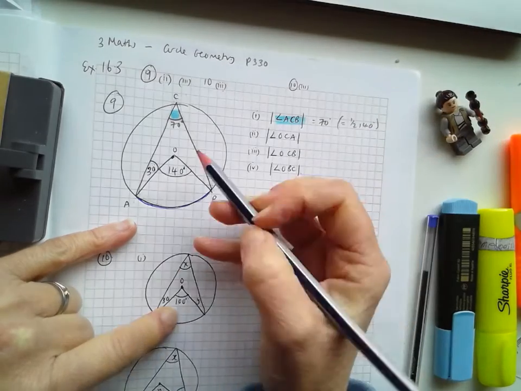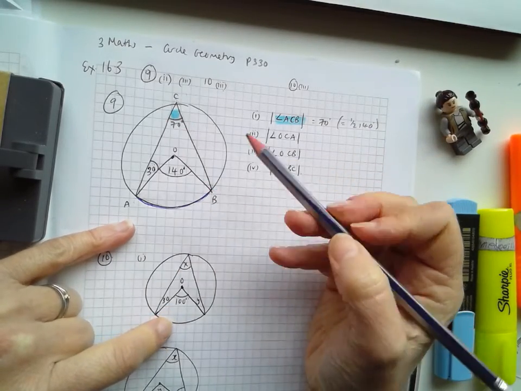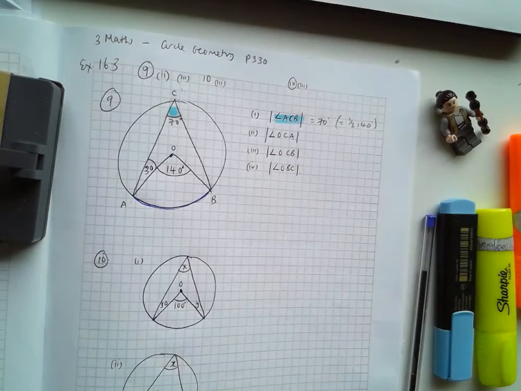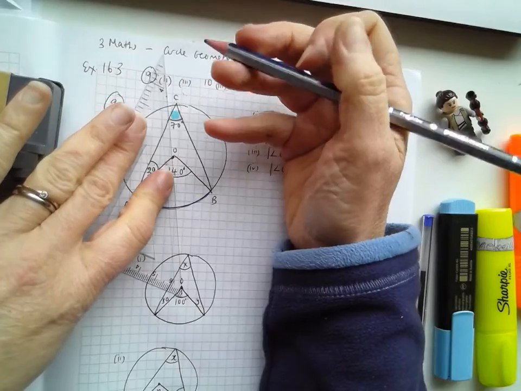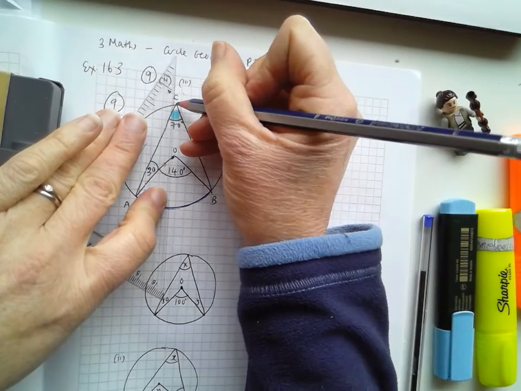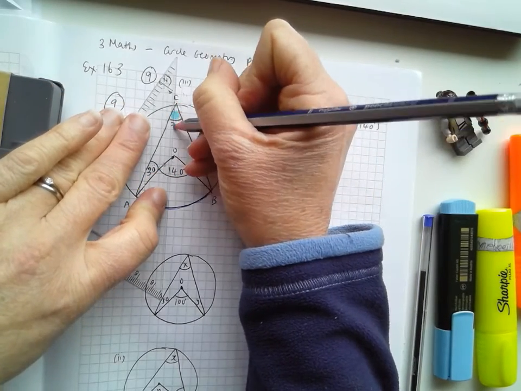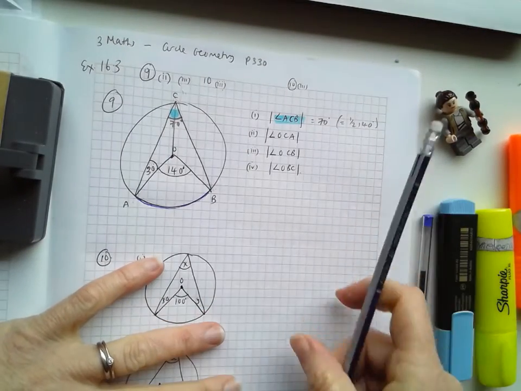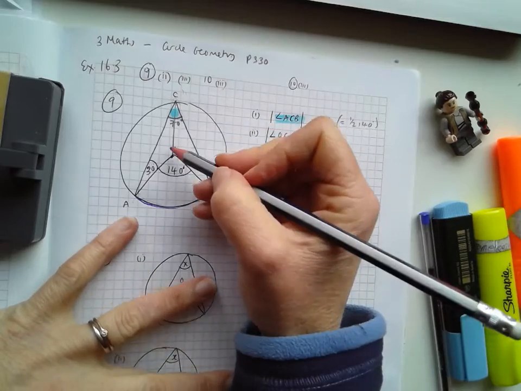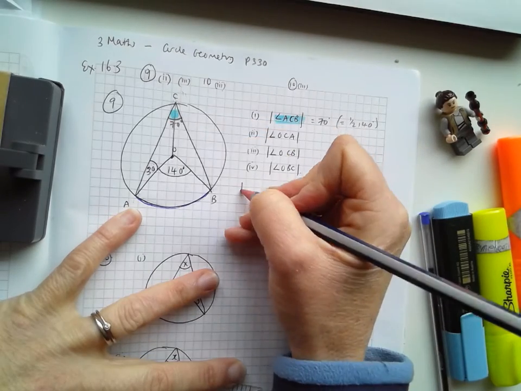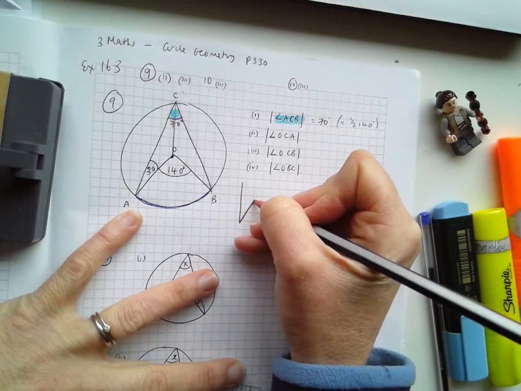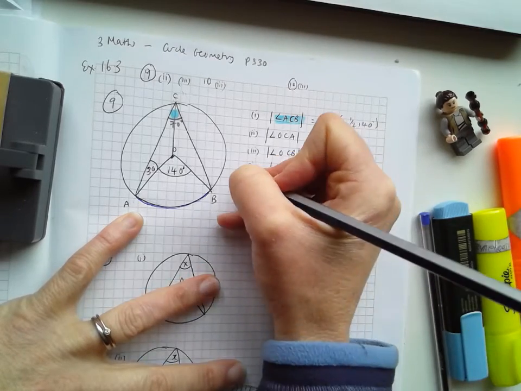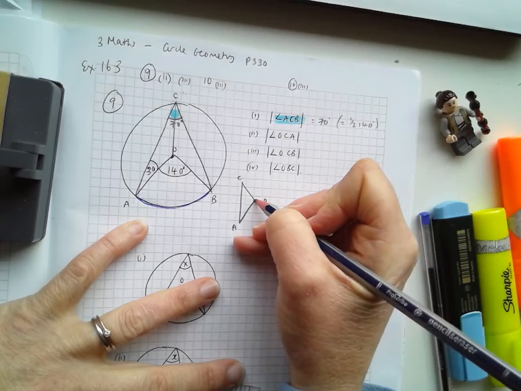So that's angle ACB. Angle OCA, so to do this one we're going to have to draw a line from O to C and A. Let's just draw that line. What we have here now is this triangle OCA. O is the centre of the circle.